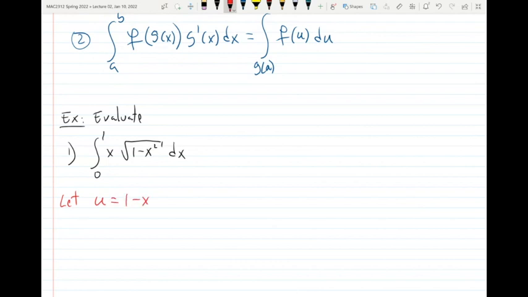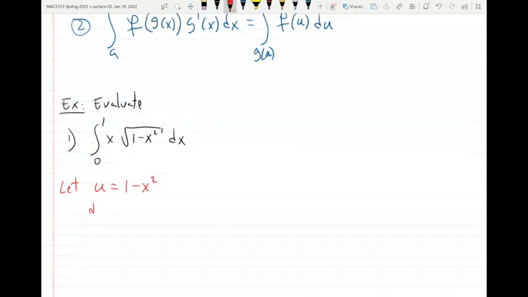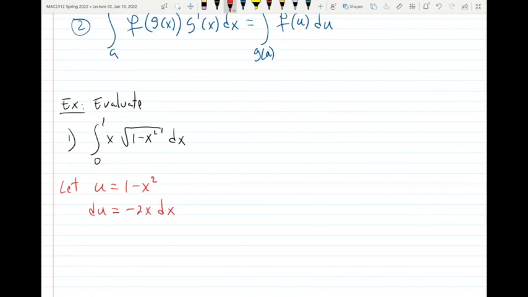So we let u be 1 minus x squared, then du is going to be negative 2x dx. Do you understand this? If you want, you can modify the problem here by multiplying top and bottom by negative 2, and then you do a substitution this way. Or you can play with this algebraically. For example, I have x dx, so this is negative 2. I can move it over here.